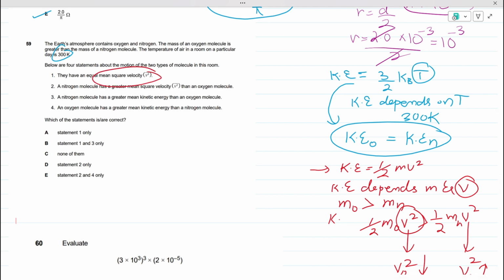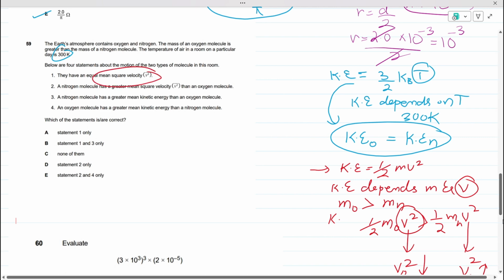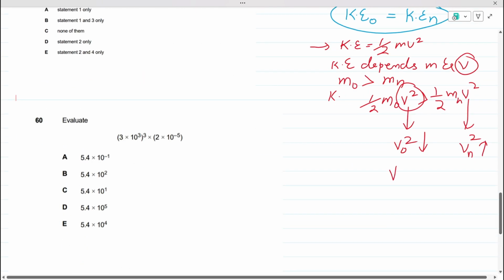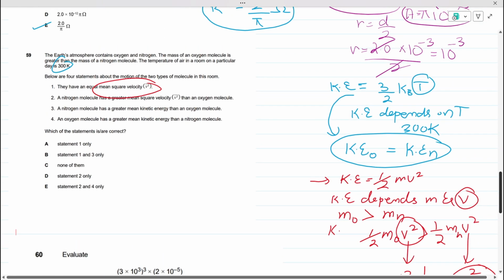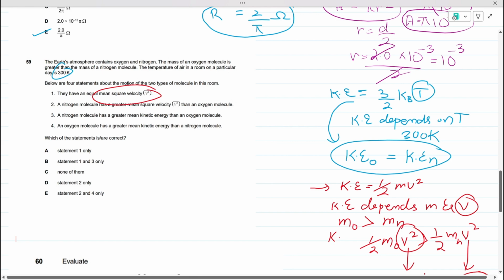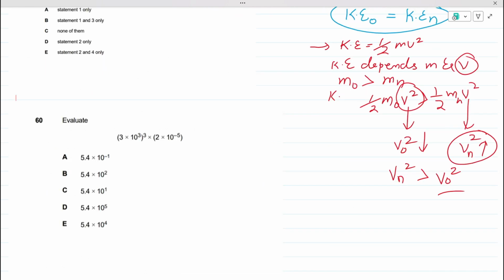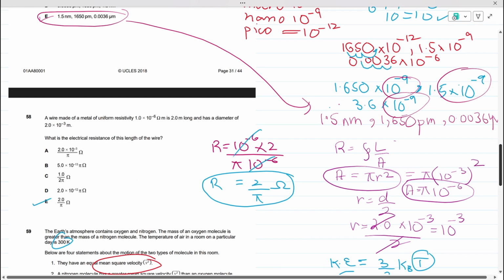So now let's see what options are correct. They have an equal mean square velocity. No, from here what we saw is that the velocity of nitrogen has to be greater than the velocity of the oxygen. This must be smaller, and this nitrogen must be greater.